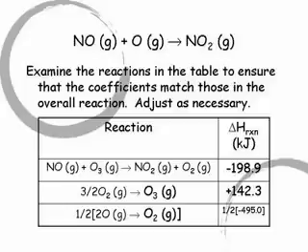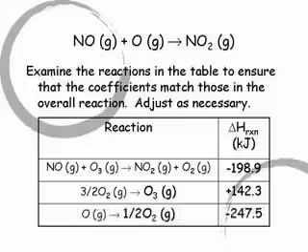So we're going to multiply that reaction by 1/2, the coefficients of 2 and 1 by 1/2, and then we also need to multiply the delta H of the reaction by 1/2 as well, and you'll see the results in the next slide.